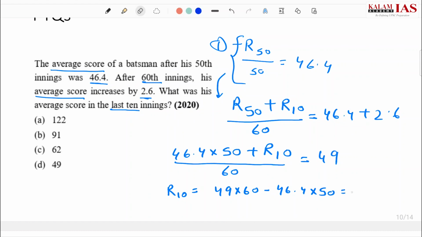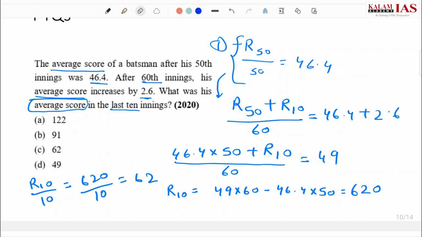This is equals to 620. So in the last 10 innings, the batsman scored 620 runs, and in the question it is asked the average score. So average will be R10 divided by 10 innings score, that is 620 by 10, that is 62. Option C.